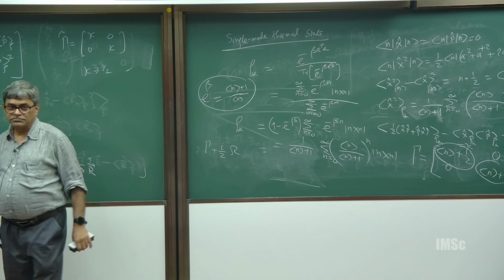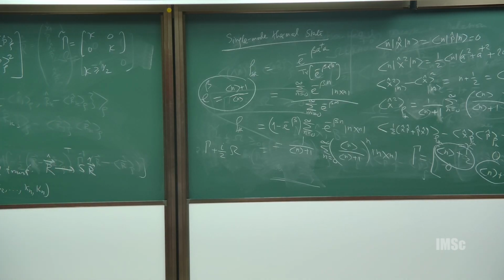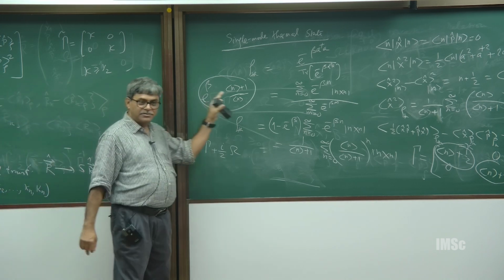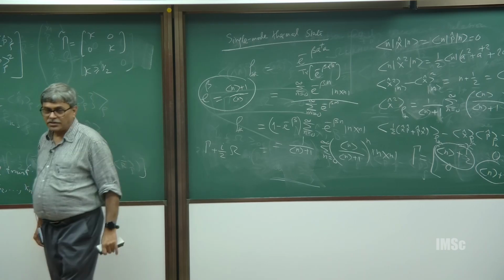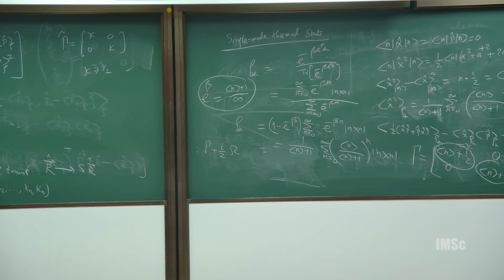True. So, as a result, it tells you that in the question of the uncertainty relation, for Gaussian states it is enough to look at the thermal state, and we will see that this is indeed true even for more than single mode.